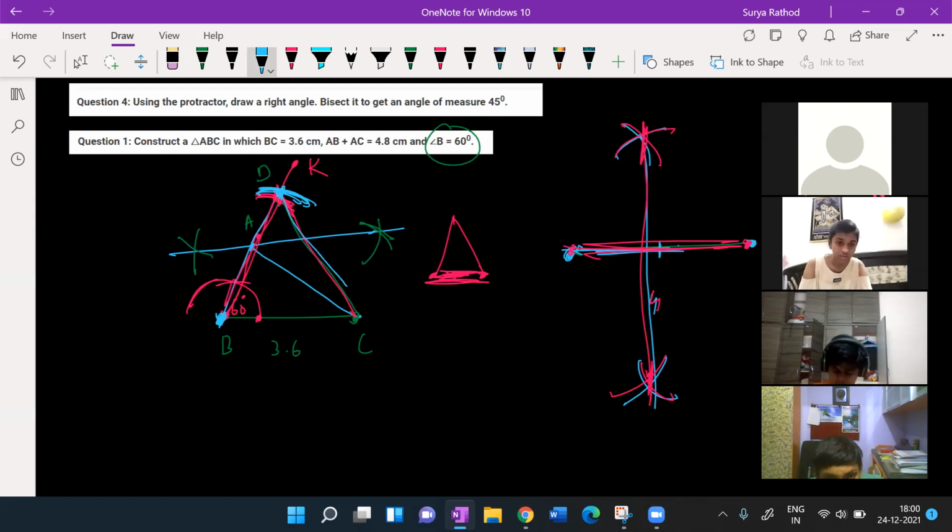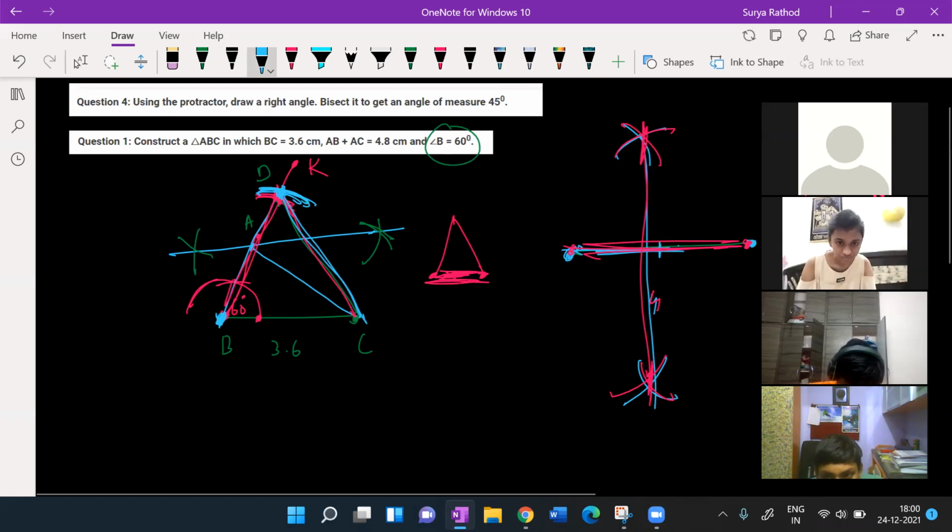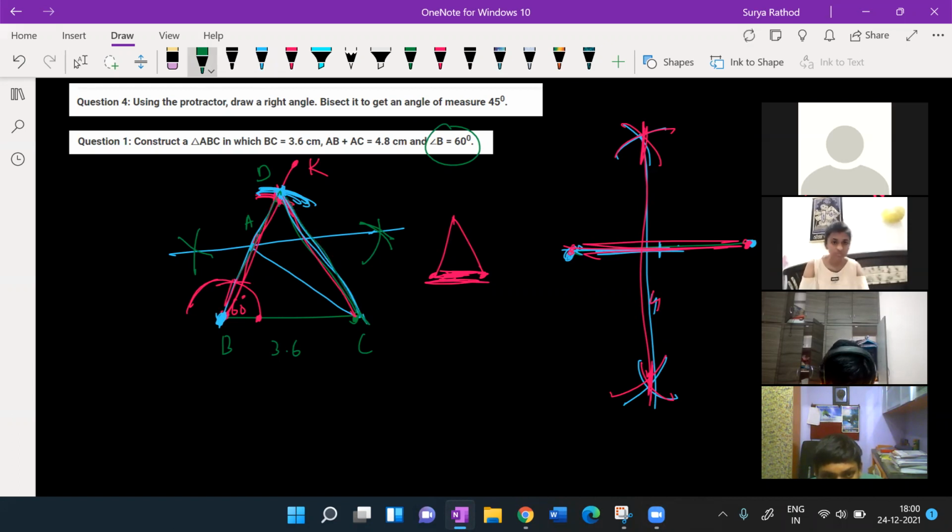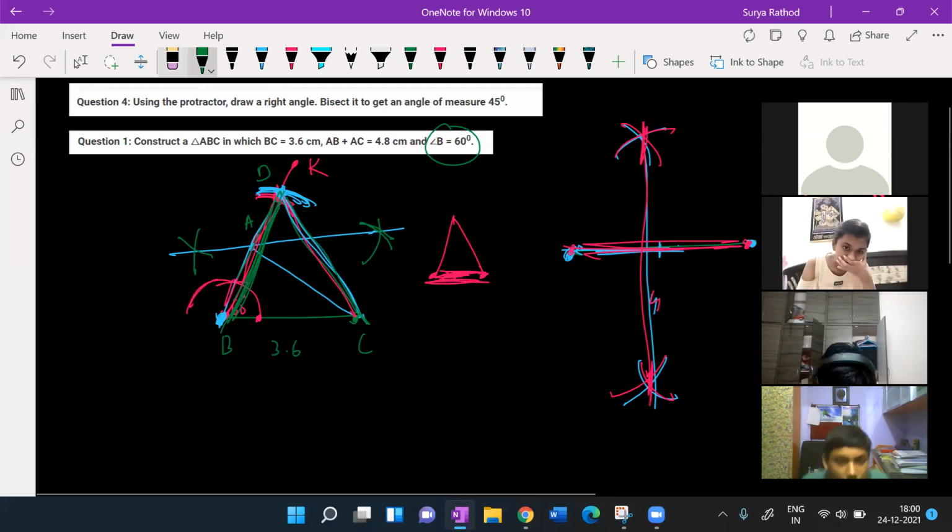I'm joining this one and this one. Now what do I have to do? I have to construct triangle ABC. I got the base, I got one side, I have to get one more side like this.